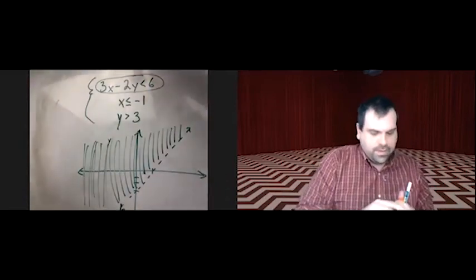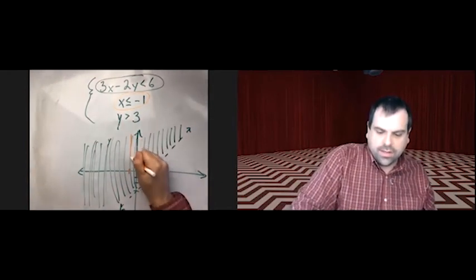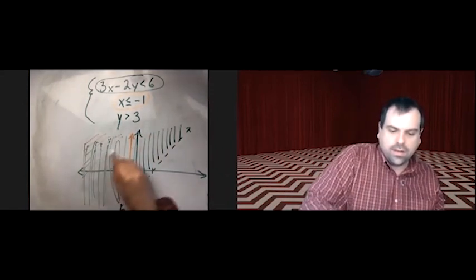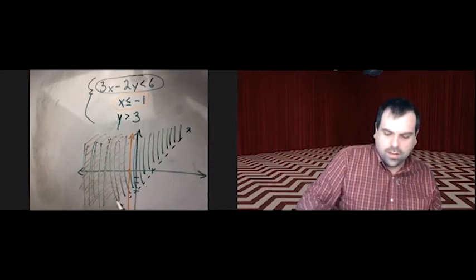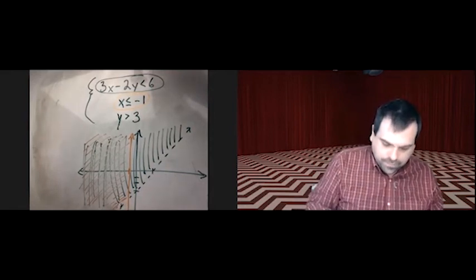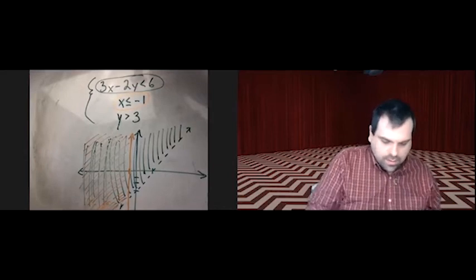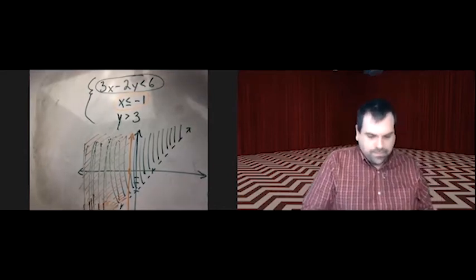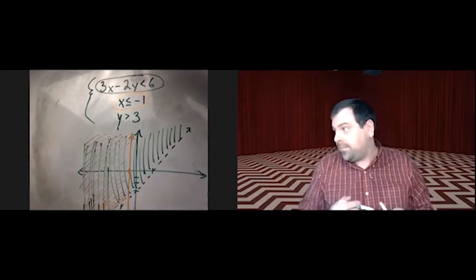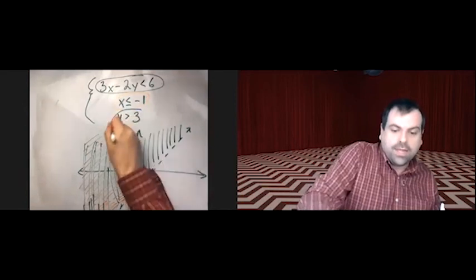We graphed that one. Now let's graph this one. We saw where -1 was. It was a solid line. We shaded everything to the left. Notice some of it's overlapping. Y is greater than 3.